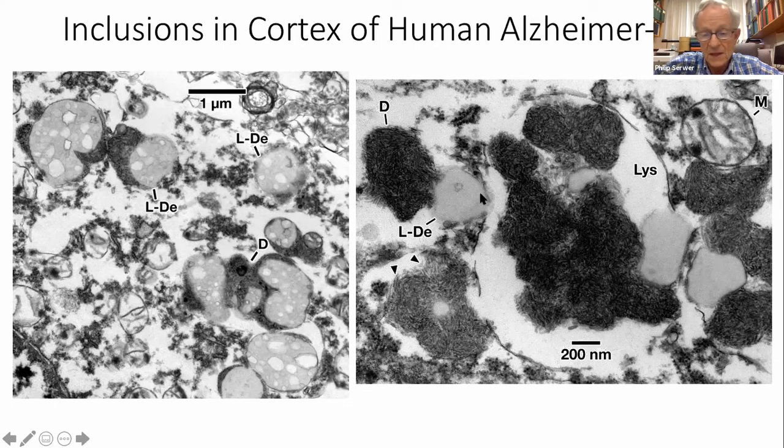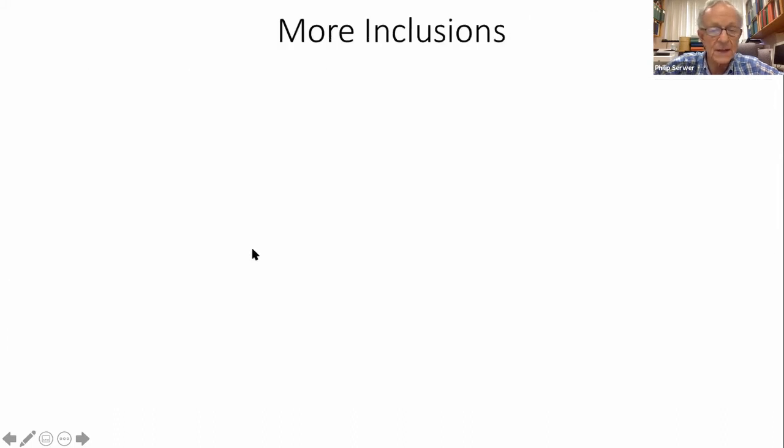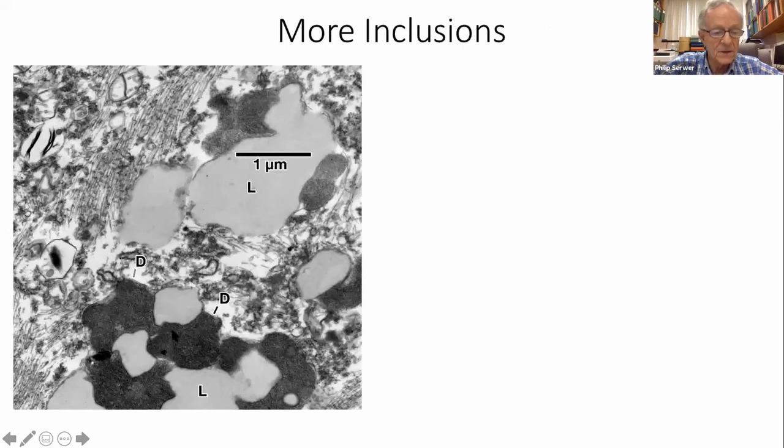A very interesting aspect is that even though these are eccentrically and irregularly outlined, there tends to be a matching of them, and the next slide will show you that in more detail. Down here is a series of dark and light inclusions. Almost looks like a jigsaw puzzle.